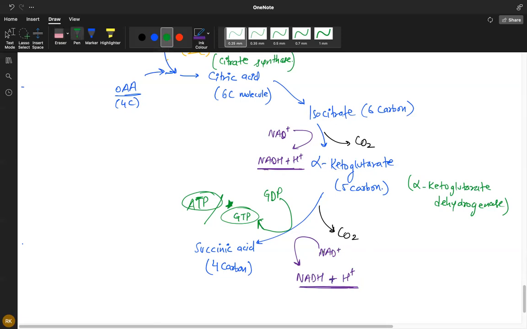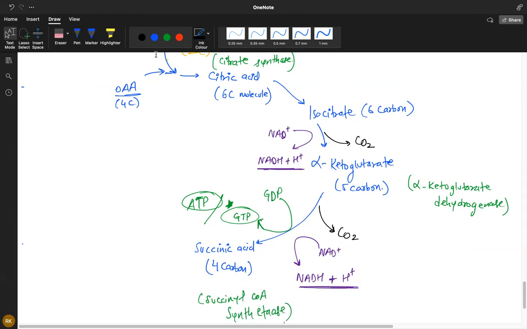And then when this goes out to form succinic acid, the enzyme which comes is called succinyl CoA synthetase. Okay, this is the enzyme to make succinic acid.